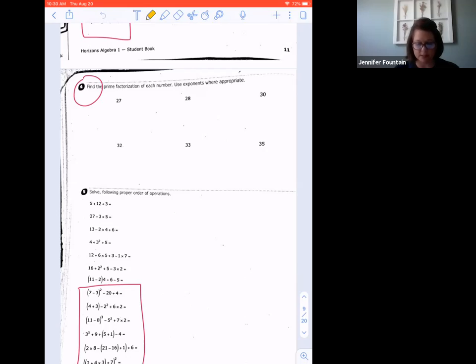Nothing to express as exponents there. Next row, 32 would be 2 times 2 times 2 times 2 times 2, expressed as 2 to the fifth power. 33 would be 3 times 11. And 35 is 5 times 7. Any questions on those?